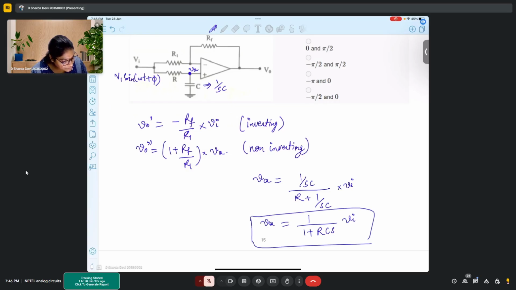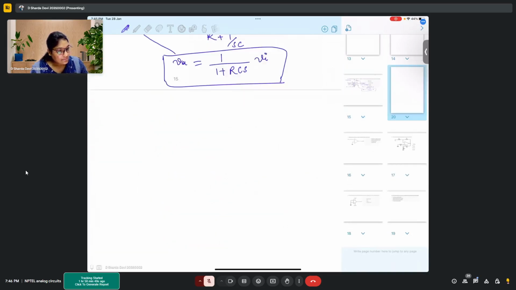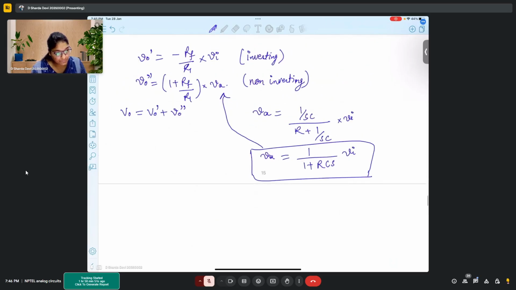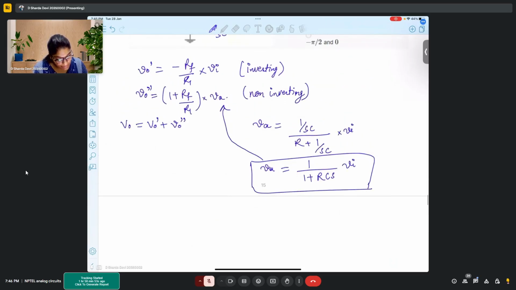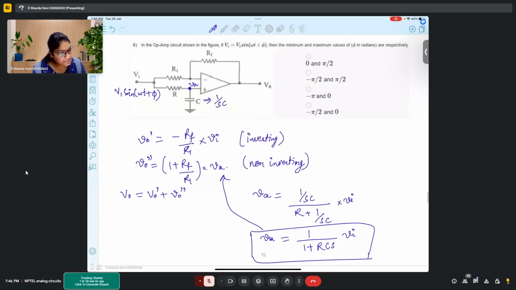This is the potential that you need to put here. And the complete Vout would be V naught dash plus V naught double dash. You have to find the minimum and maximum values of phase.